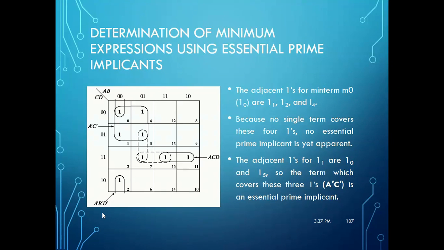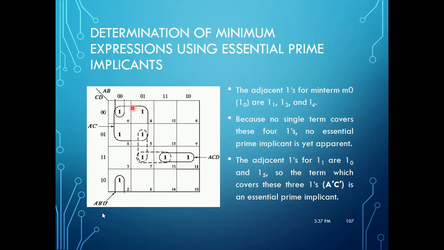So you can understand this problem very clearly. Take this example here. Consider the min term m0. The adjacent ones of min term m0 are m1, m2, and m4.